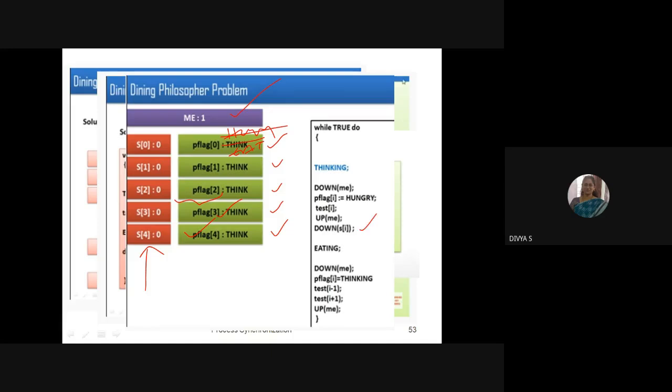So this is what the dining philosopher problem is all about. I believe you understood the basic classical problem of synchronization. When processes execute concurrently, the problem is how they synchronize without any loss, without leading the situation to deadlock, neither deadlock nor starvation.